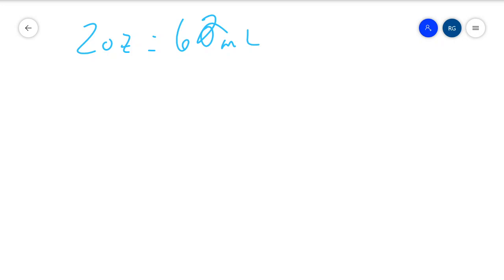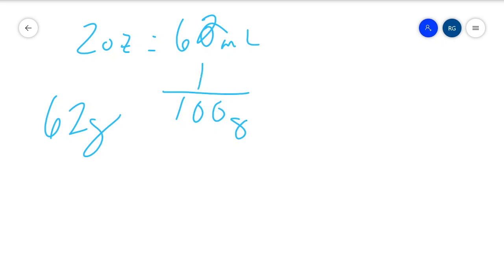So we have 100 grams of Ithcamol. Total of 62 grams. That's going to be over 1. So we should have 62 over 100.